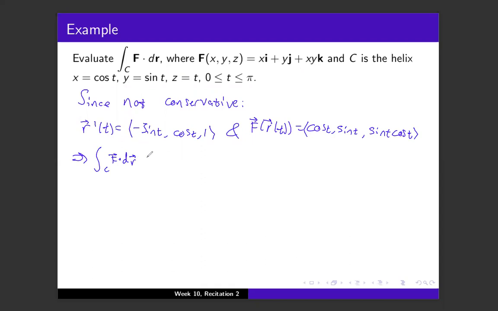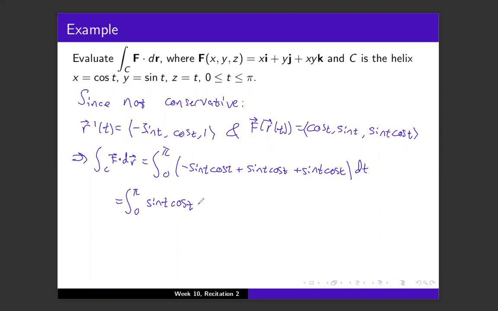So F dot dr becomes the integral from 0 to pi of the dot product of these things, which is negative sine t cosine t plus sine t cosine t plus sine t cosine t dt, which is the integral from 0 to pi of sine t cosine t dt, which, spoiler alert, is 1/2 sine squared t evaluated from 0 to pi, and that's 0.